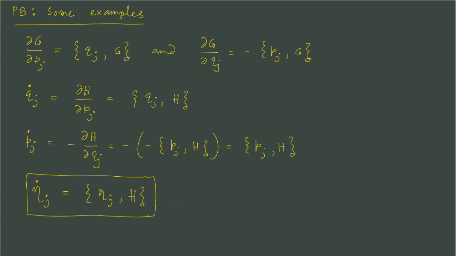So now we have this result. Let's look at some examples. For a 1D system, suppose we would like to calculate a quantity like this. We are calculating the Poisson bracket between q and p to the power n. Well, we already know that the bracket of q and p gives us 1.